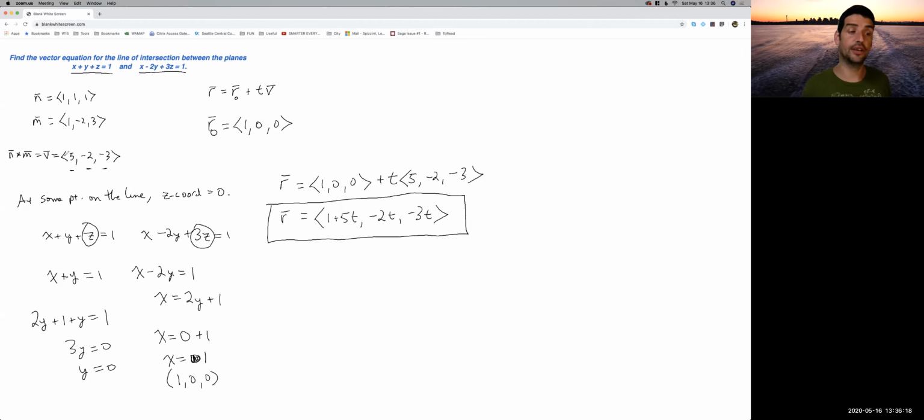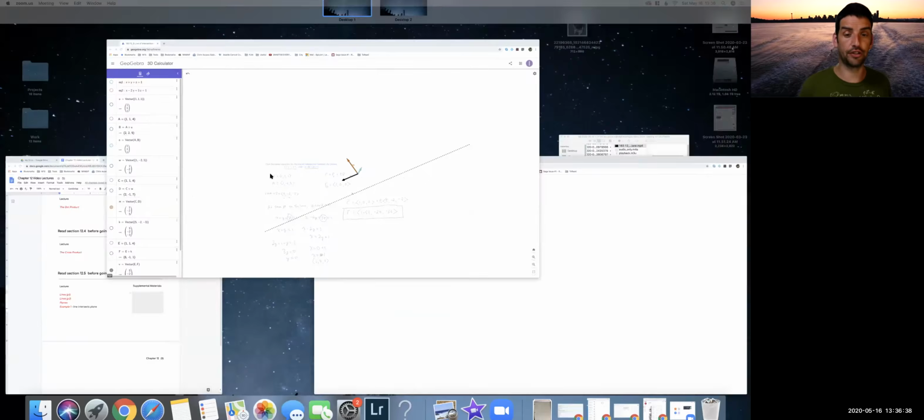They have to be parallel, otherwise one of them is wrong, if not both. And the point has to be in the intersection of both planes, meaning satisfying both of these equations, which ours certainly does. All right, let's take a look at this on the other screen, with a nice graph.